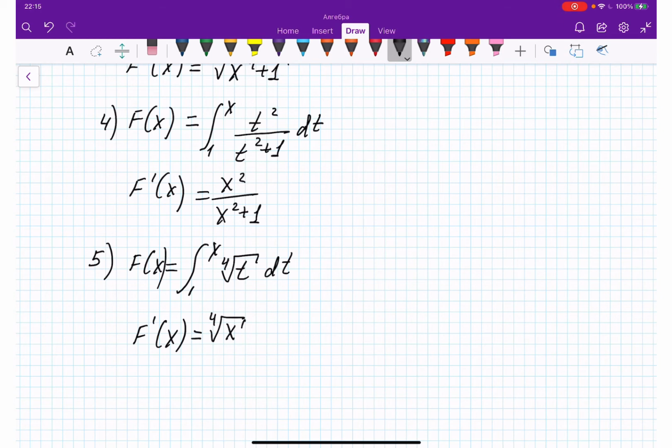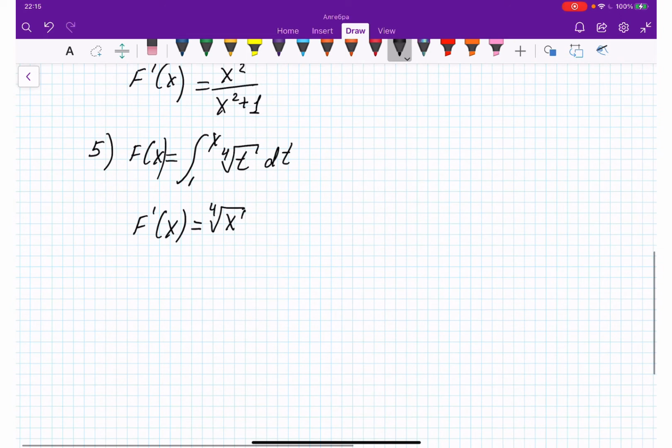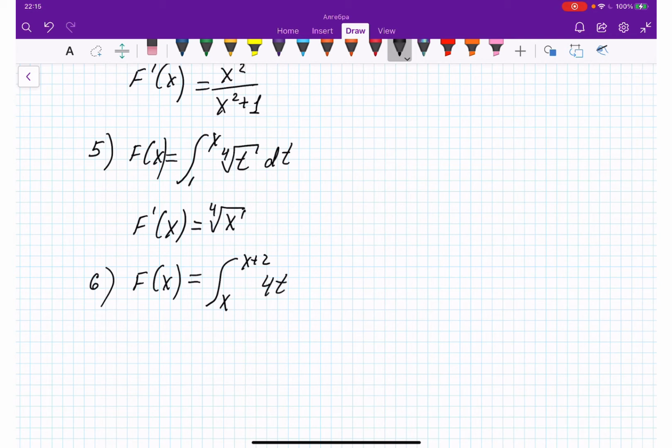Okay, now let's solve question number 6, where f of x is equal to the integral from x to x plus 2 of 4t plus 1 dt.